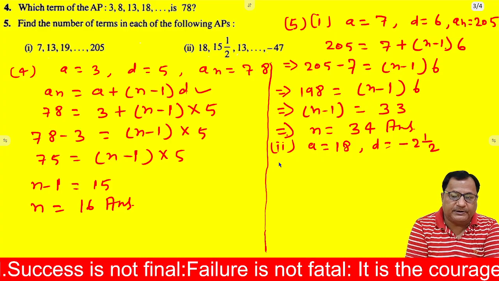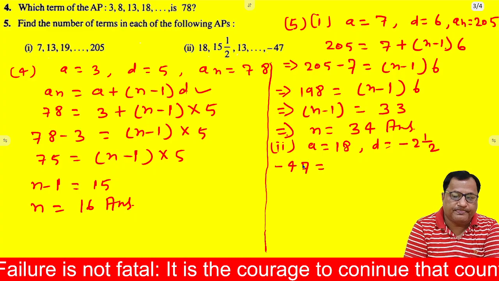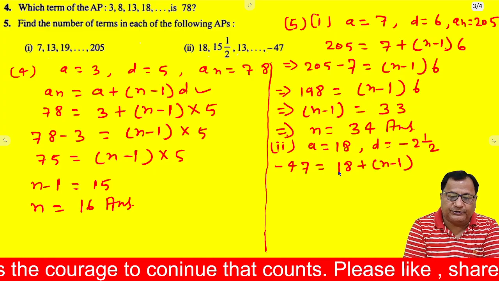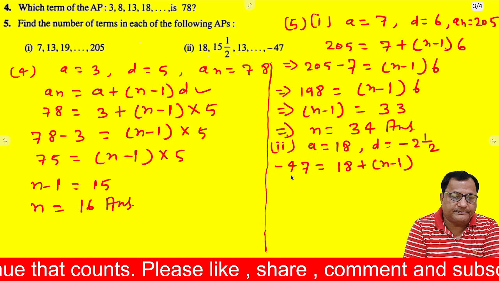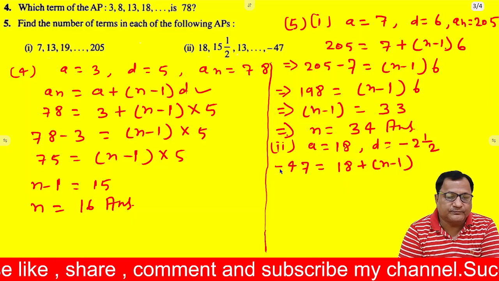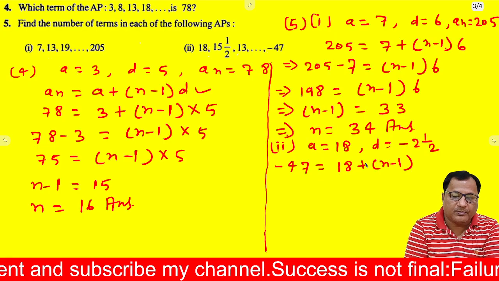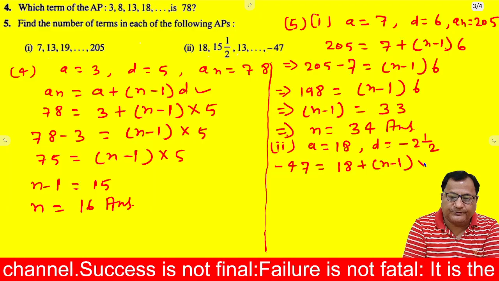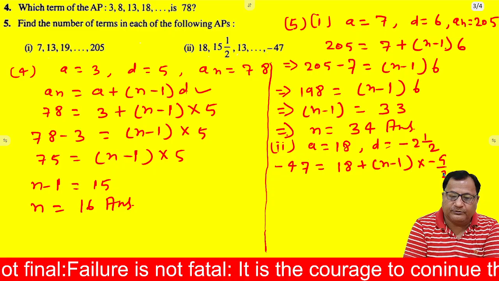So using this formula, we will write minus 47 is equal to A, which is 18, plus n minus 1 into D. An is equal to minus 47, D is equal to minus, if we make this an improper fraction, then it will be minus 5 by 2.